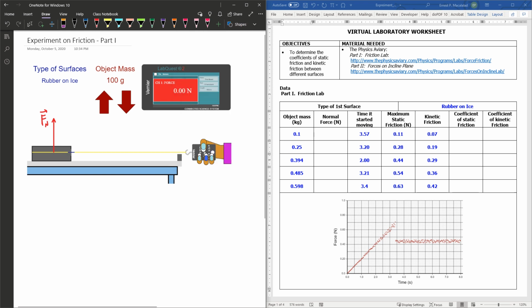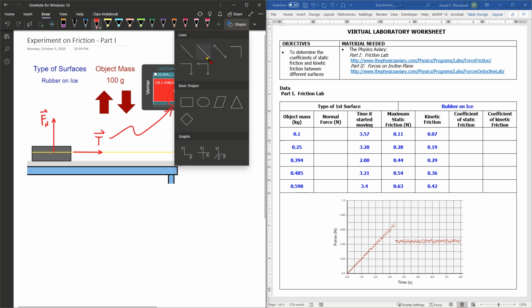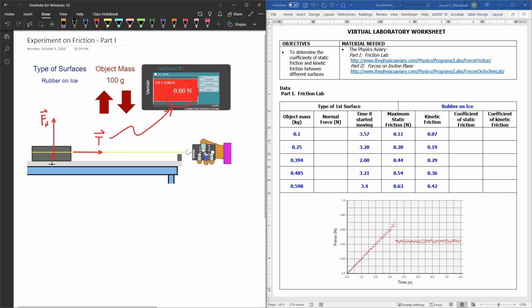The second force would be the tension on the wire. This tension on the wire is the same tension as the one that we measure in our force sensor here. And then lastly, of course, this object has weight.